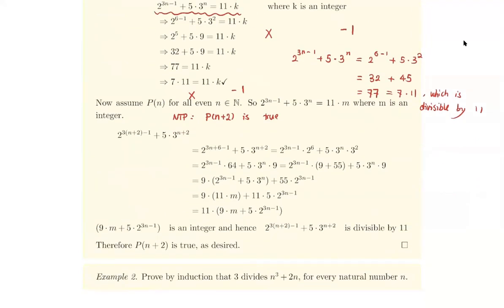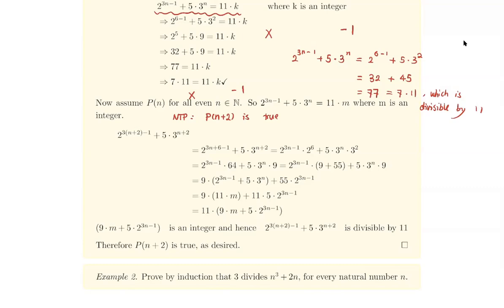But the thing is, basically you need to show this whole thing is divisible by 11. In this proof, he didn't start with this. Okay, he didn't start with this equals 11k. So he did not start with assuming this is divisible by 11. Instead, it's showing you step by step why it's divisible by 11. So this induction step is fine, except for the inductive hypothesis, you need to specify where exactly you used it.